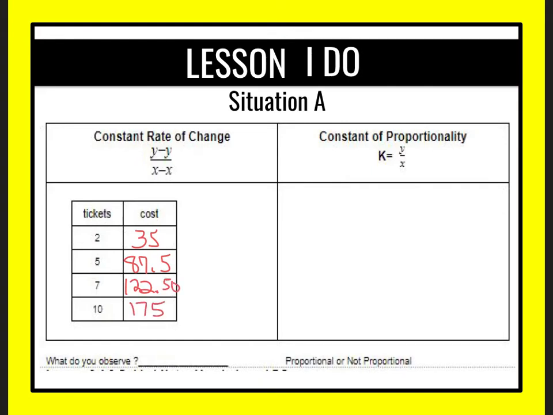Okay? And last year, hopefully you should have learned something called constant rate of change. And that's just where I'm taking the change in my Y values and dividing them by the change in my X values. So I'm going to start by just taking the change of these two.